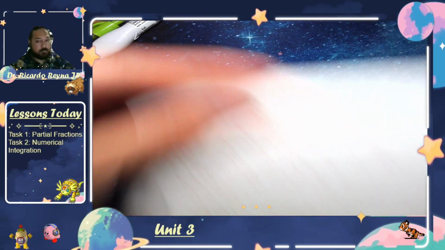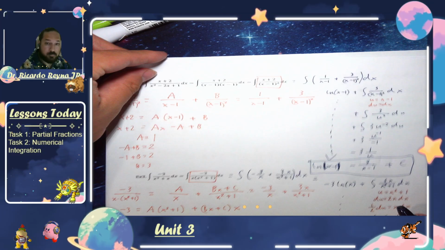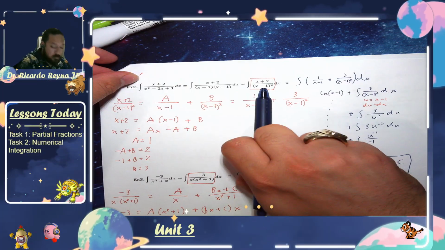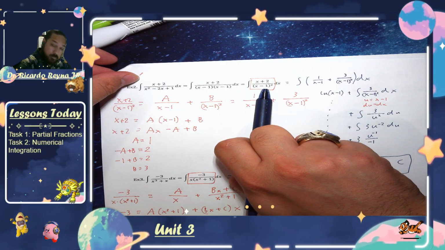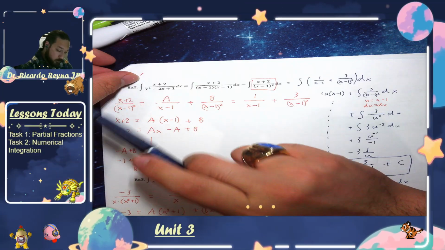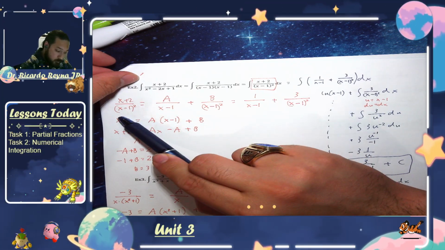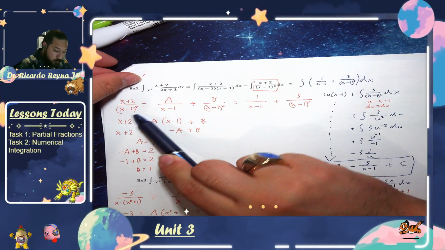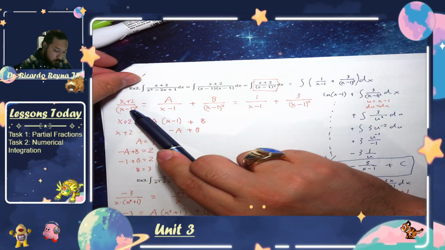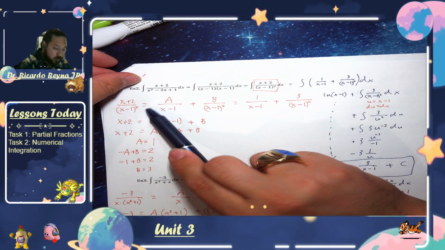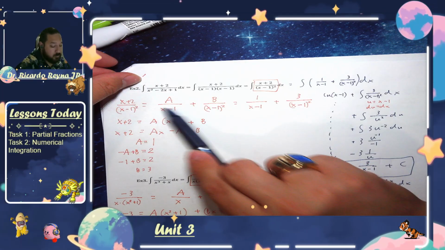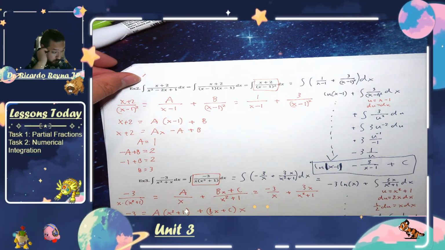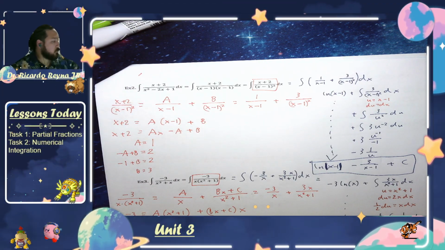So this next page has the issue where that bottom part is a repeated linear factor. So that means that our decomposition of this middle part, x plus 2 over x minus 1 squared, will be one constant over x minus 1 plus another constant over x minus 1 squared.